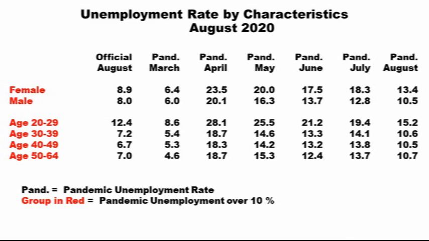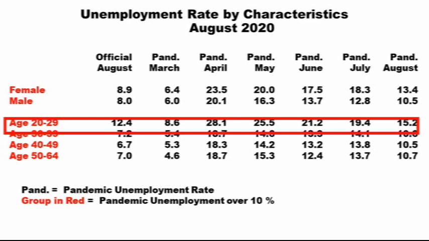The official unemployment rate misses those female workers that have jobs but are not at work and have become discouraged workers, counted not in the labor force, even though they would like to have a job but are not actively looking. By age, younger workers have higher pandemic unemployment rates, and that's really for workers who are aged 20 to 29.